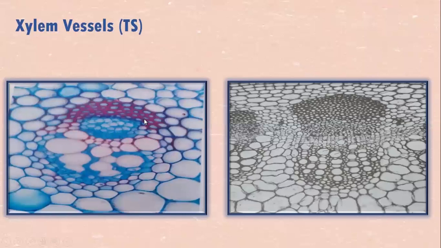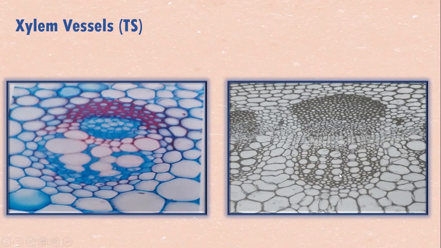Right. Now, we want to look at xylem vessels as you can see them in TS. Well, you see, this is sclerenchyma. Here is xylem. The xylem vessels have very large lumen, larger than the sclerenchyma. So you can't miss xylem vessels.